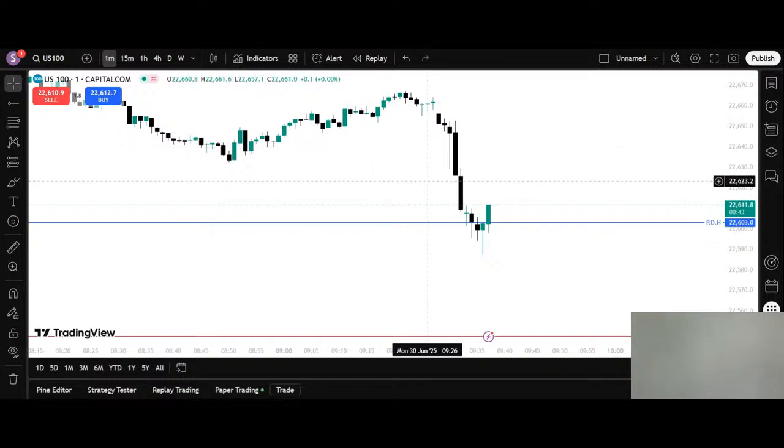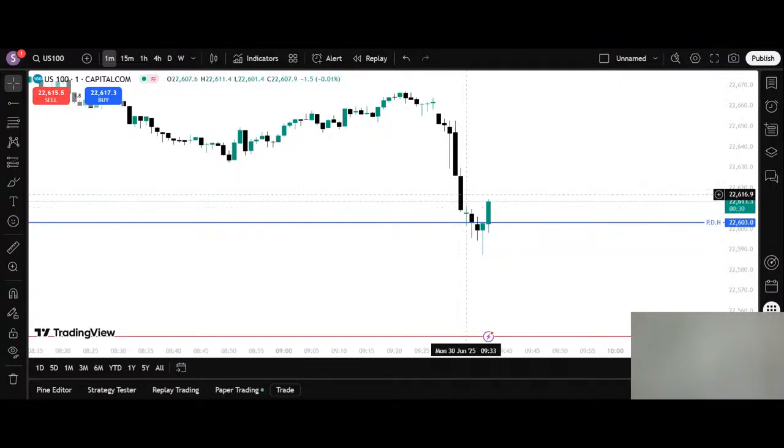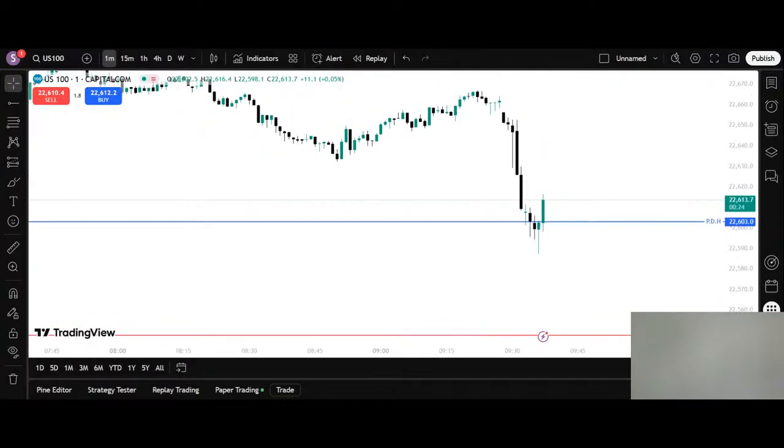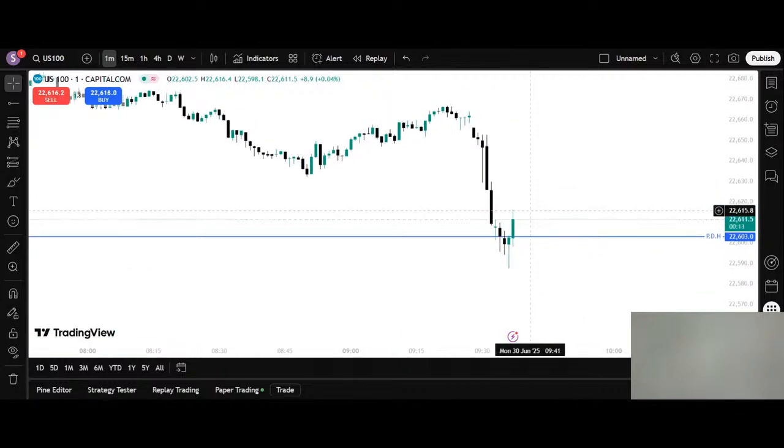We'll just wait here. Price has made a few bearish FVGs over here. Let's see what it does. We're gonna wait till 45 and then think about taking a trade, not before that.